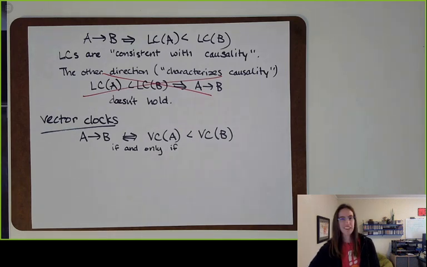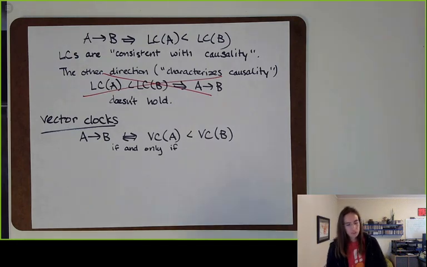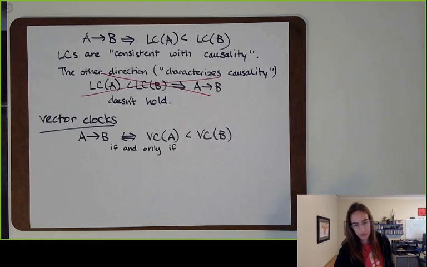Well, if a Lamport clock is just one integer, a vector clock is going to be a vector of integers. So this is the way that it works.